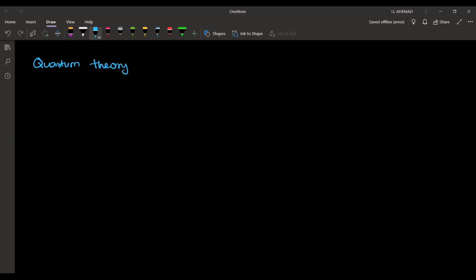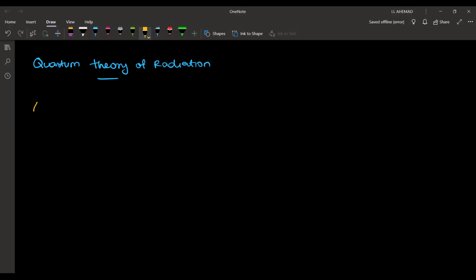So previously we discussed that Max Planck came up with a new idea of radiation, that it is not continuous, but it's discrete. It is having small energy packets. You might have studied in chemistry when you started unit 1.